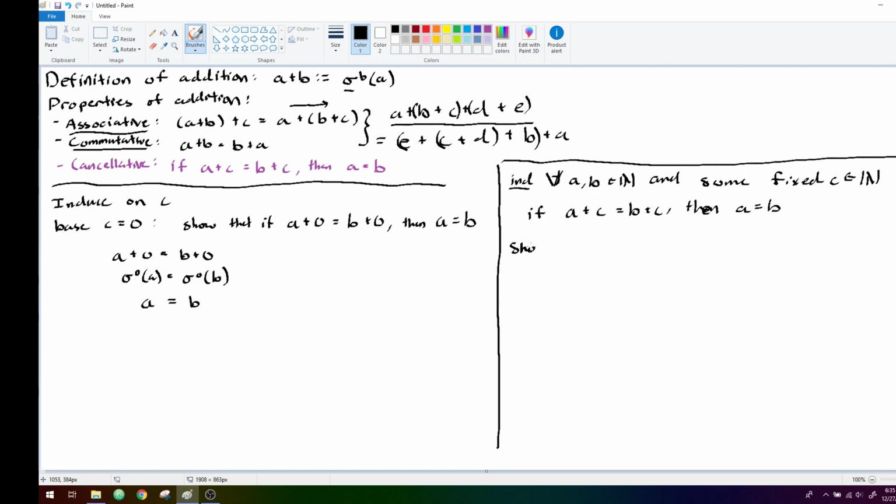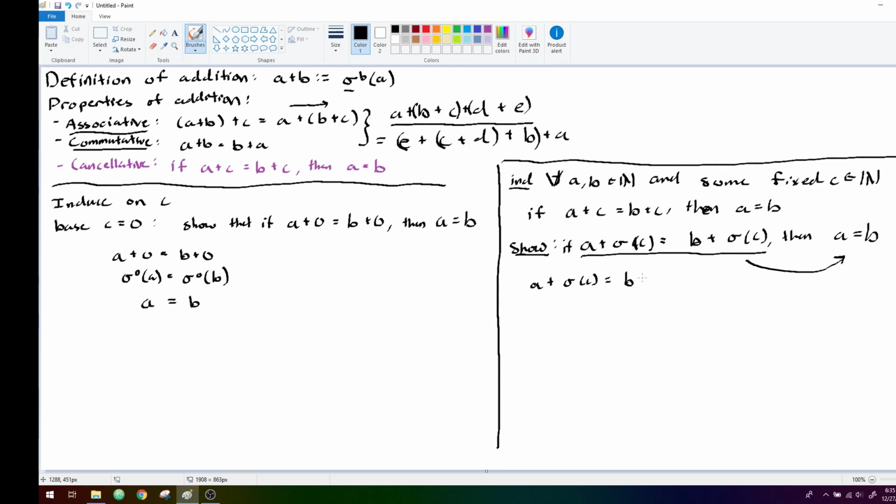And we need to show that a plus sigma of c is equal to b plus sigma of c entails that a equals b. So once again, since we're proving this implication, we get to just start with the assumption that it is true.